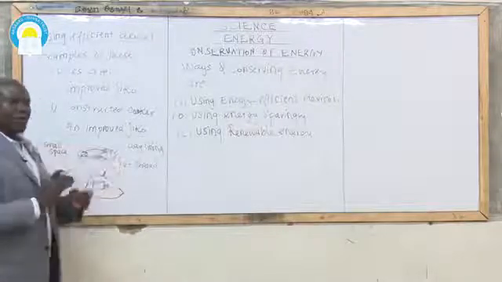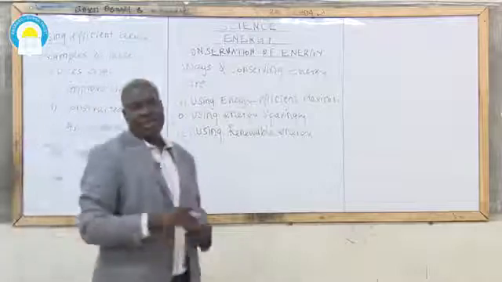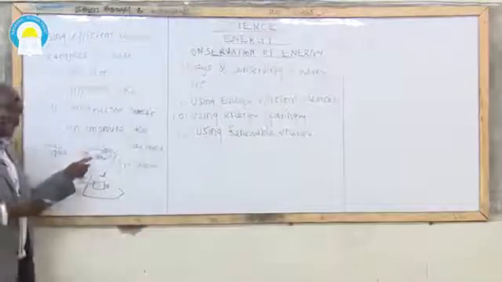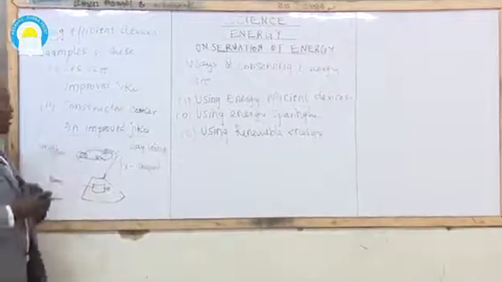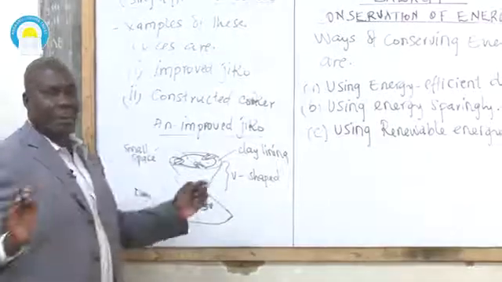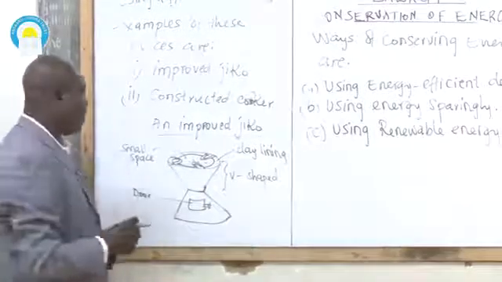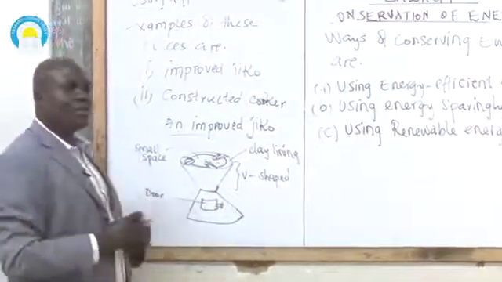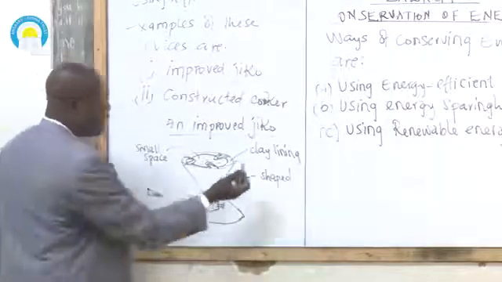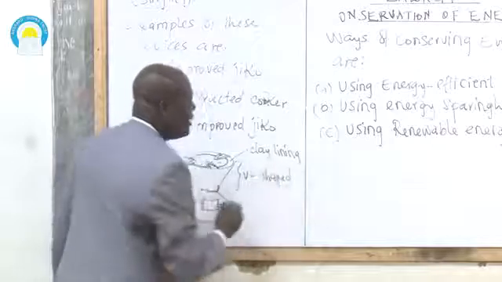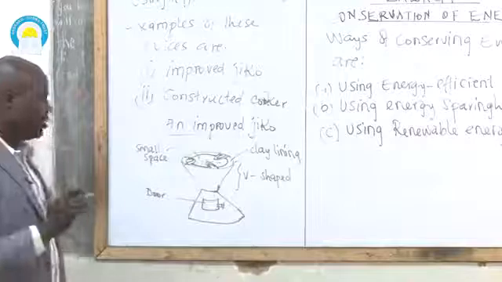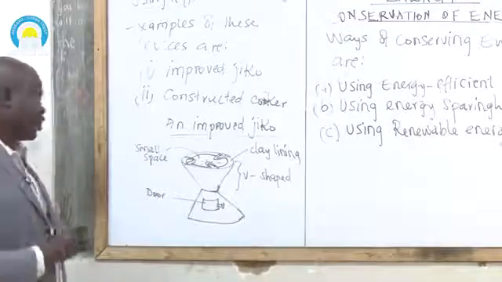Remember, clay soil or clay is a poor conductor of heat. Therefore, once you place charcoal here, the charcoal will burn without the heat going away through radiation. How does an improved jiko save energy in other ways? First, the clay lining saves energy by preventing loss of energy through radiation.